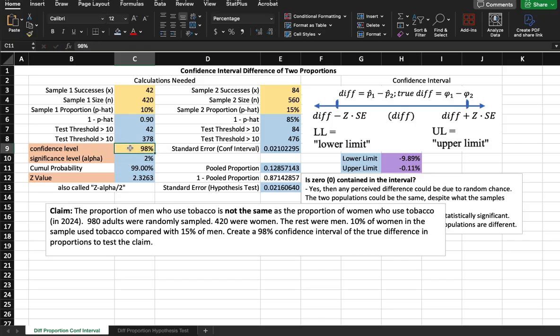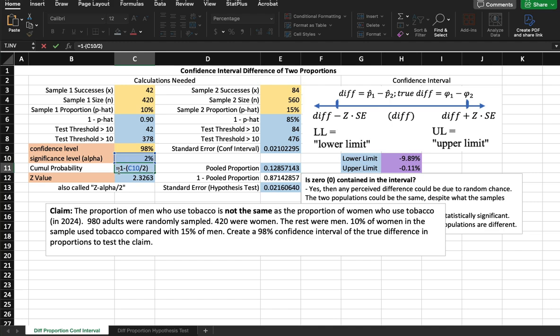Notice that if you add those two percentages, the confidence level plus your significance level, that should equal 100%. Just as we did in previous situations where we were doing confidence levels or even hypothesis testing on a proportion, we need our cumulative probability, and that's just going to go into cell C11 here.